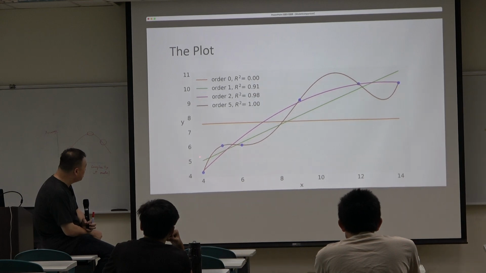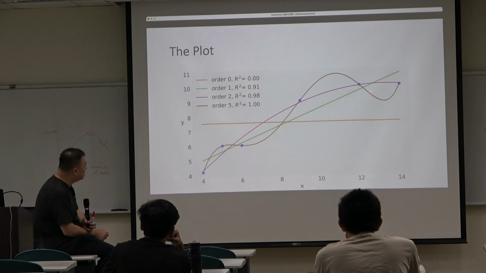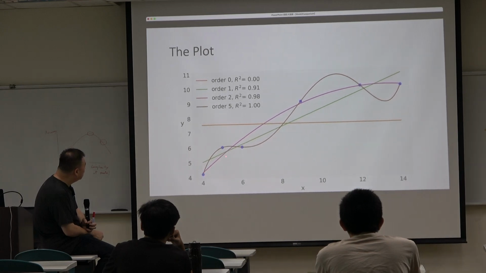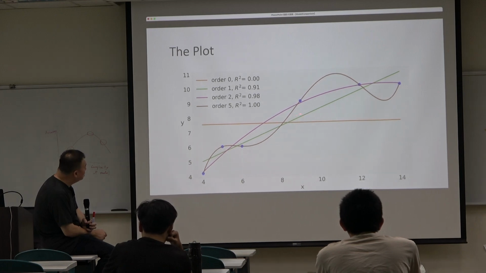Order 1 represents the linear model. We talk about linear regression all the time, so the green line represents that linear regression result. Order 2 is a quadratic model, represented by, I believe, the red line.